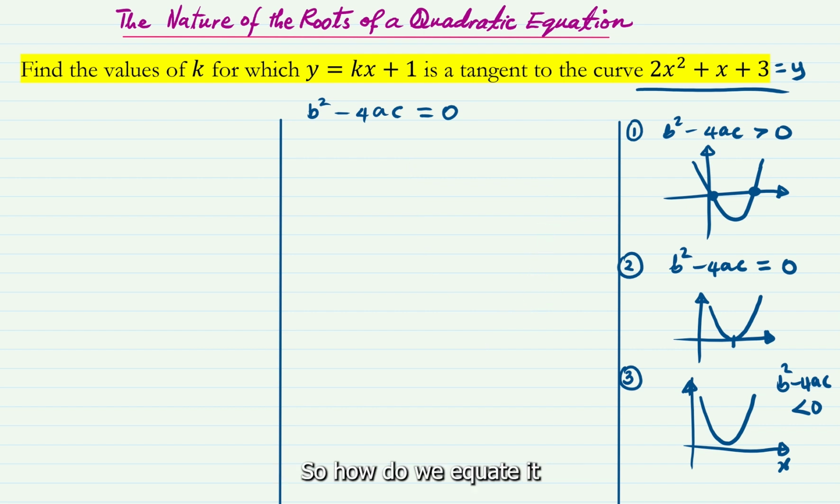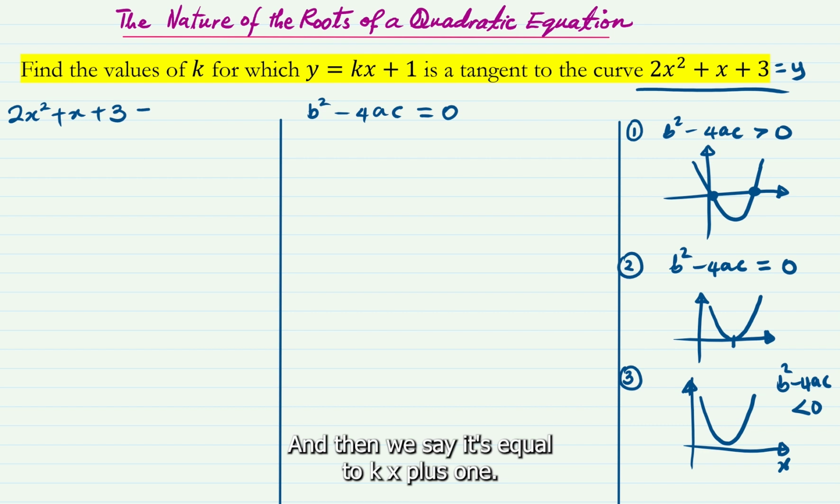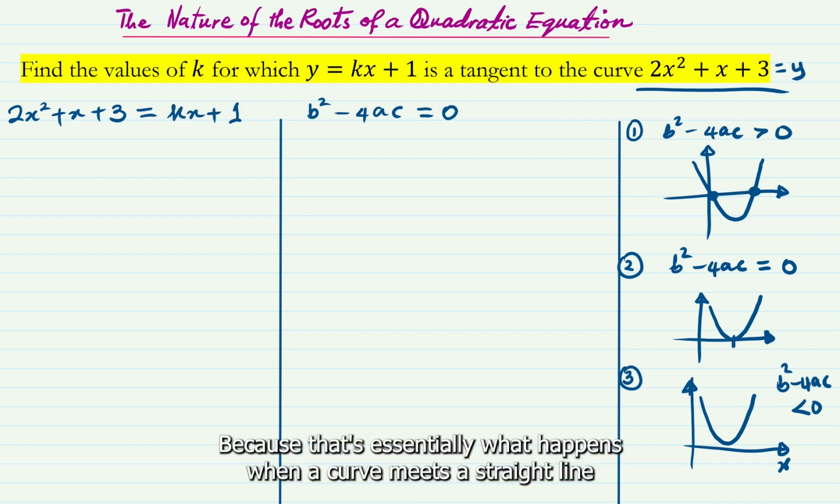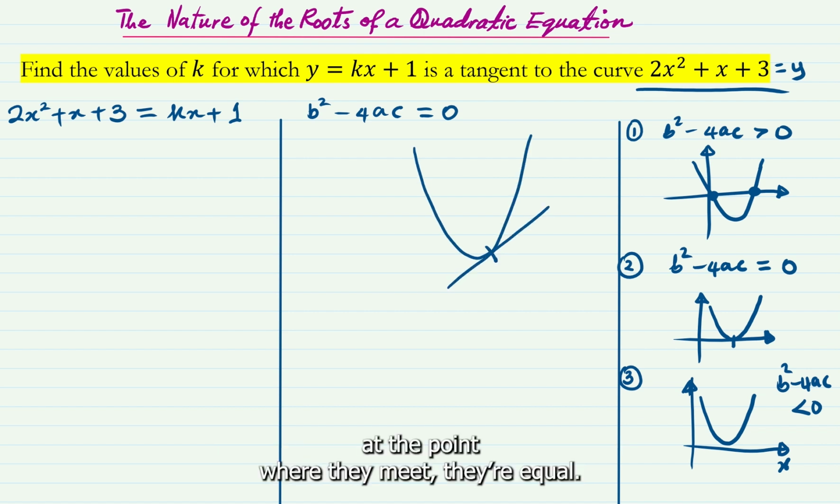So how do we equate it? We simply pick 2x squared plus x plus 3, and then we say it's equal to kx plus 1, because that's essentially what happens when a curve meets a straight line. At the point where they meet, they are equal. So the curve is equal to kx plus 1 at a particular x. That's what we're trying to do.